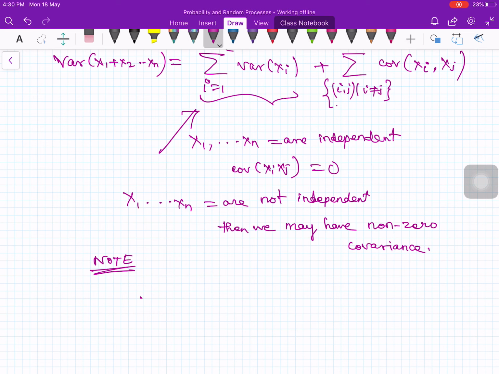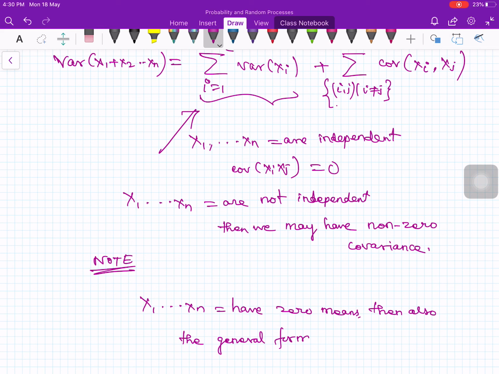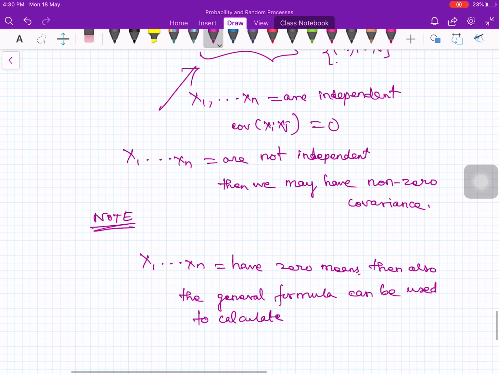If x1 up to xn have 0 means, then also the general formula can be used to calculate the variance of the sum.